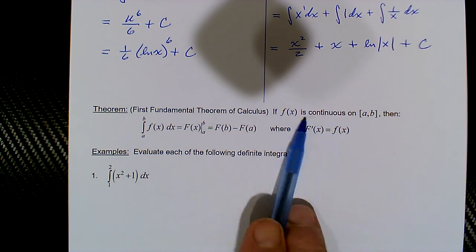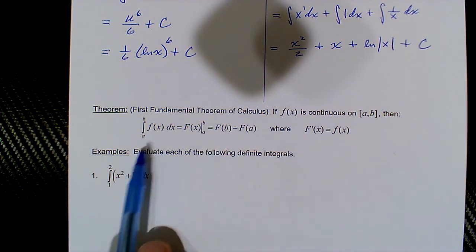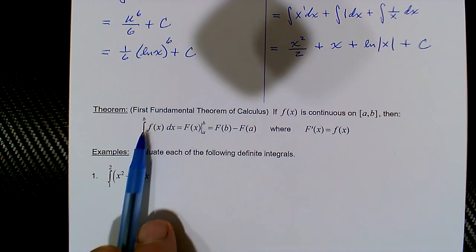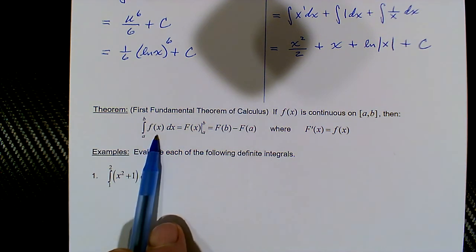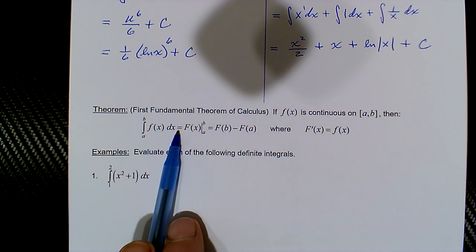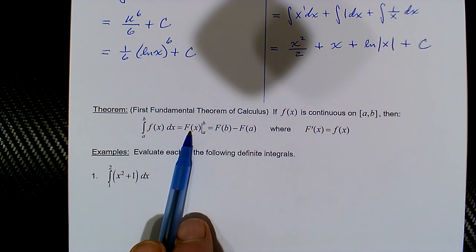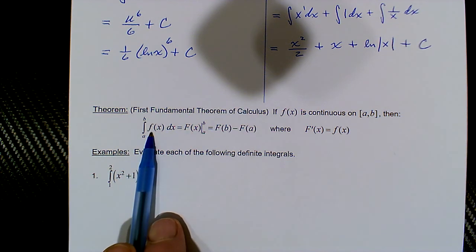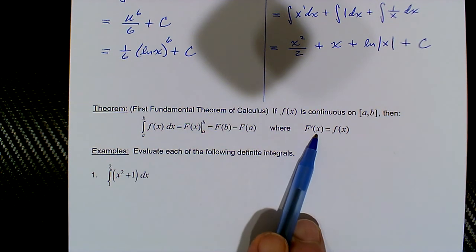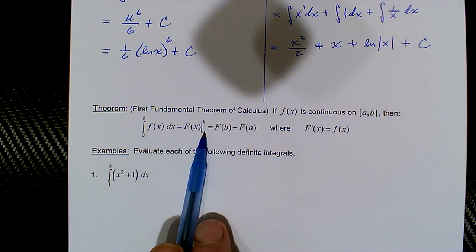But as long as those conditions are satisfied, recall the integral from a to b of the integrand lowercase f of x with respect to x is equal to uppercase F, where uppercase F is the antiderivative of lowercase f, and that's indicated here, evaluated from a to b.